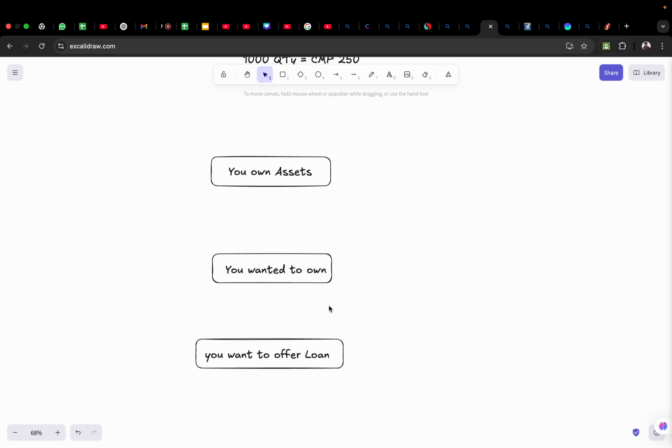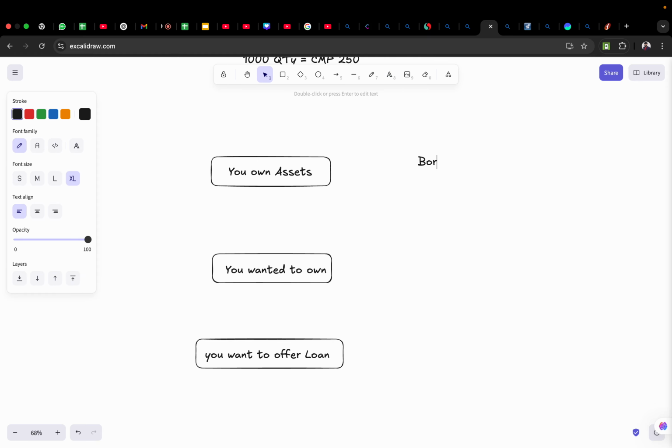Okay. So now let's talk about how you leverage that collateral. Look at this. You own an asset, you can borrow money on the asset, right?